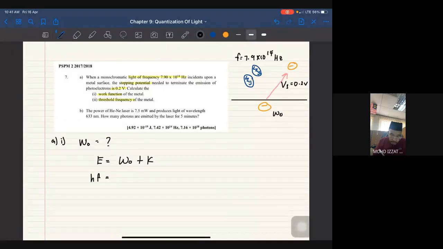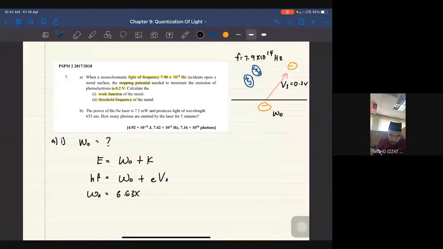You want to find W naught, so I'm going to leave it like that. And the K is actually equals to eVs. So to solve this one, the W naught is equals to hf, okay, the frequency, berapa frequency di sini?